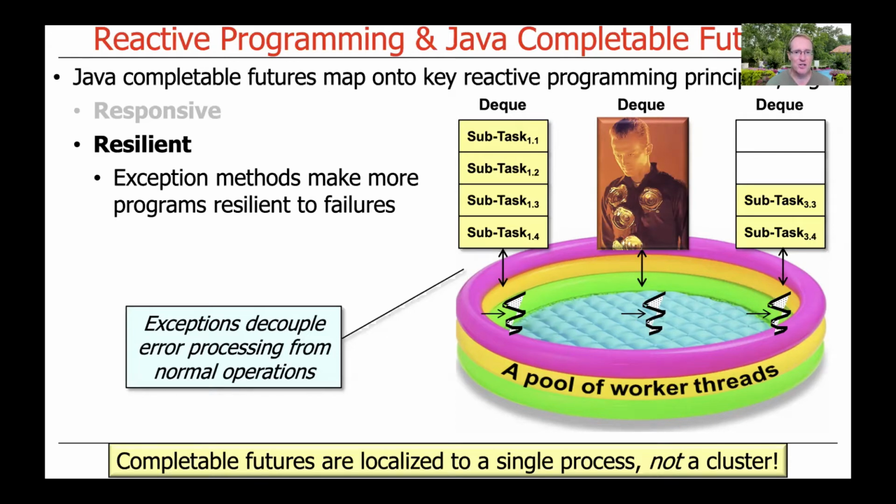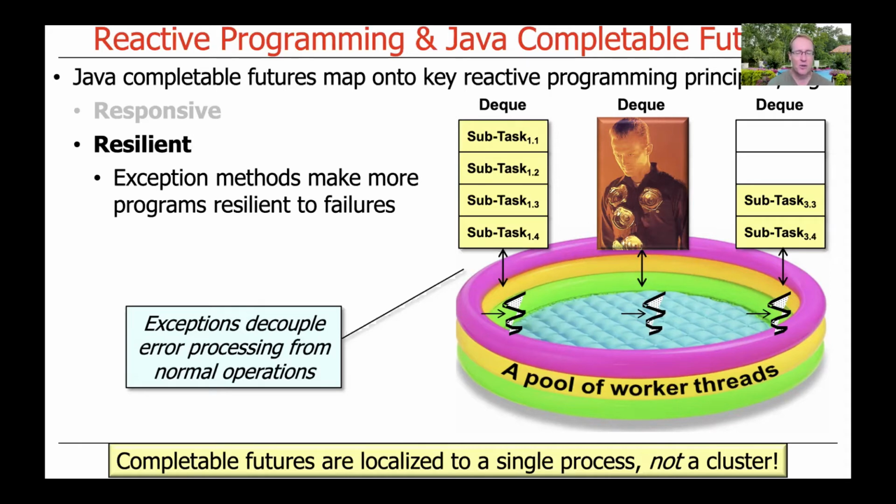So errors are handled in a different way than the normal processing of events. And of course, you can put in the exception methods where you need them. If something goes wrong and an exception is thrown, then control is automatically transferred to the appropriate exception handling method, which will catch that exception and do something in response to it.